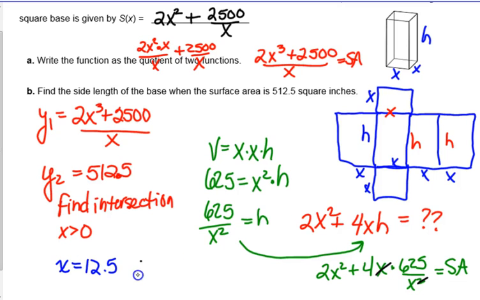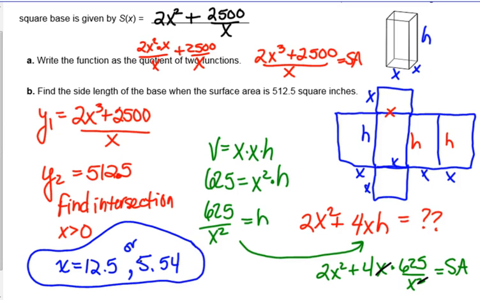I get a goofy decimal of 5.54 as the other. So find the length of the base when the surface area is 512. So the base could be 12.5 by 12.5, or the base could be 5.54 by 5.54. So the box could be short and wide, or it could be tall and narrow.